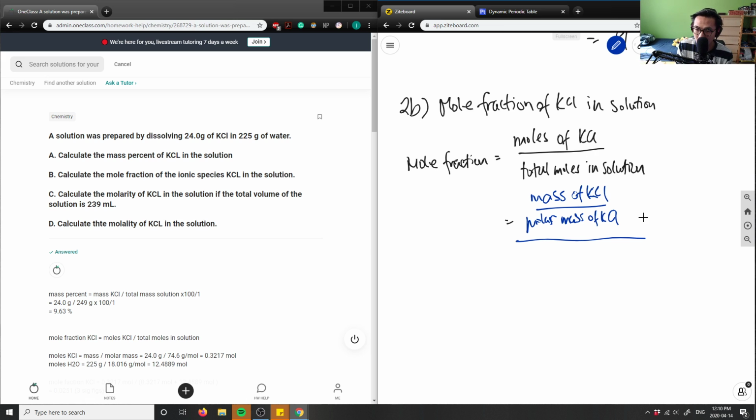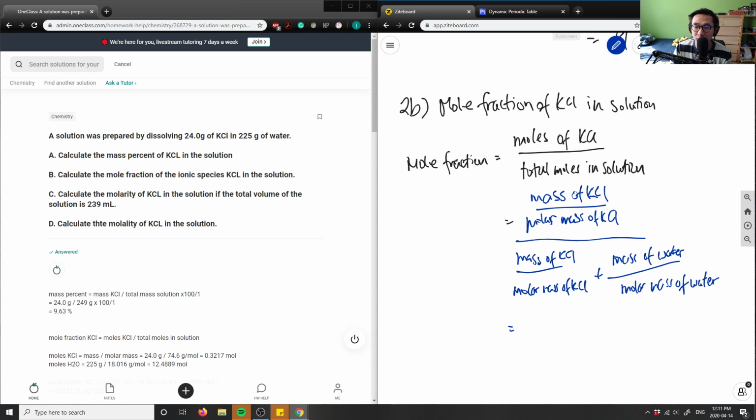So this would be mass of KCl divided by molar mass of KCl plus the mass of water divided by the molar mass of water, right? This is a big formula, but it's not really that confusing.